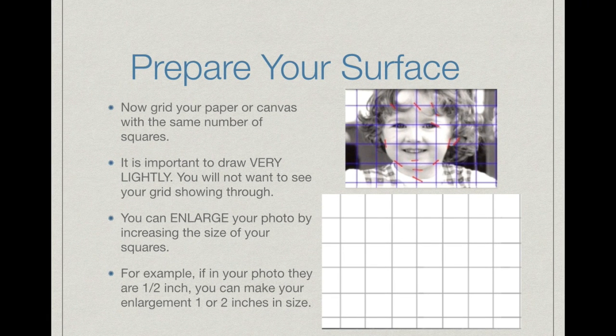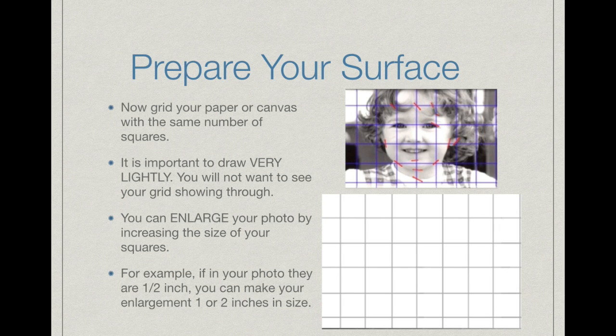Then you're going to make the exact same grid on the surface that you're going to draw or paint. Your squares can be bigger so that they're proportionate if you want to enlarge it. But as long as they're in proportion and they're all square, then you're good.